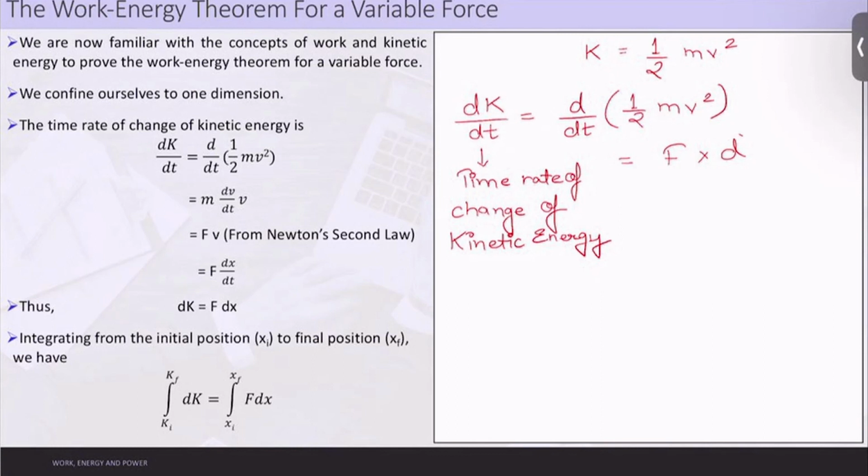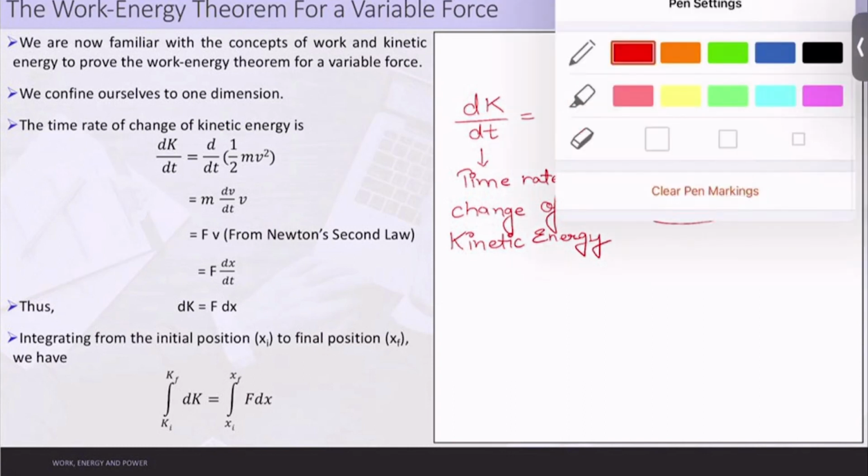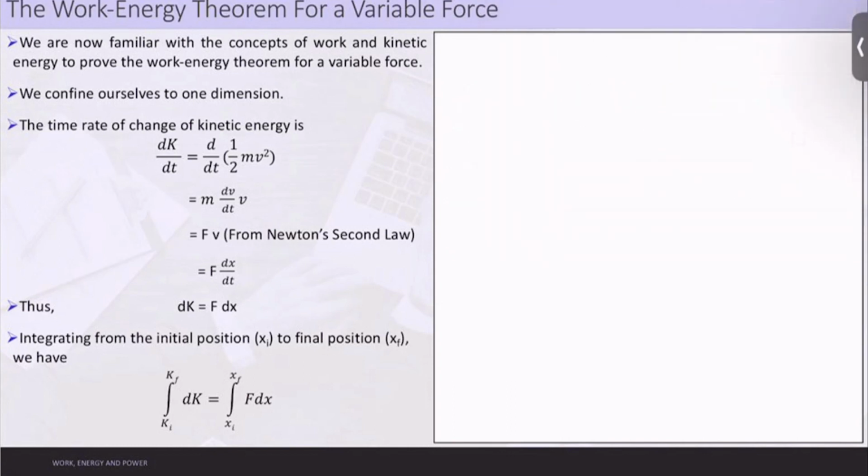In differential form, we can write this as equal to F into dx. Correct? Now we are just trying to understand how this thing has arrived. This is to understand it in differential form, but we just need to understand how this thing is arriving, or how this thing is being derived.